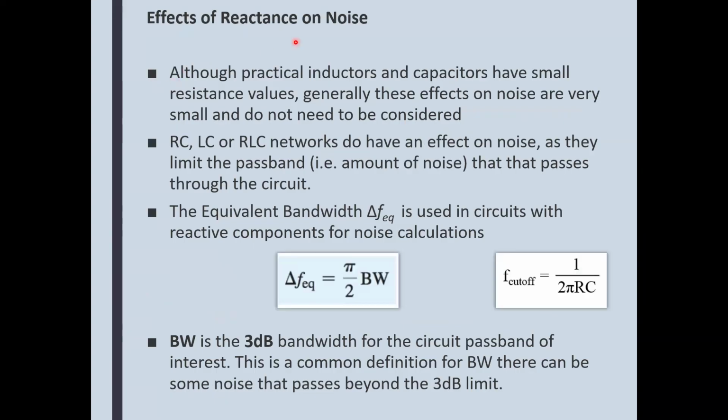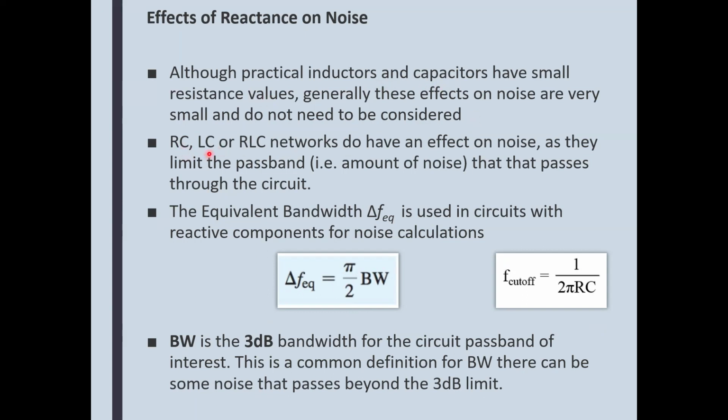All right. Effects of the reactance on noise. Although practical inductors and capacitors have small resistance values, they are negligible. Generally, these effects on noise are very small and do not need to be considered for the most part.